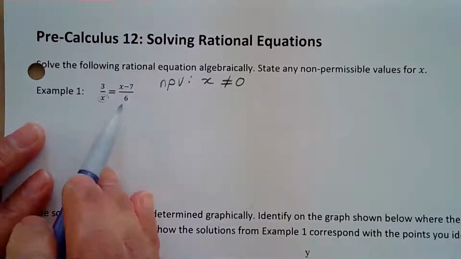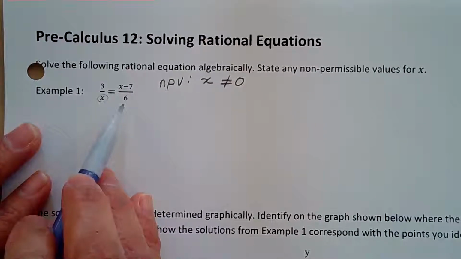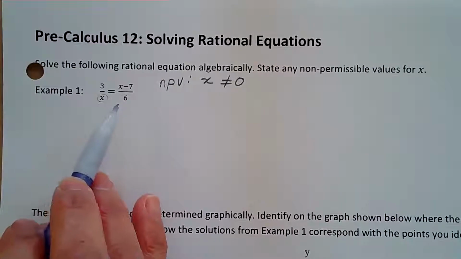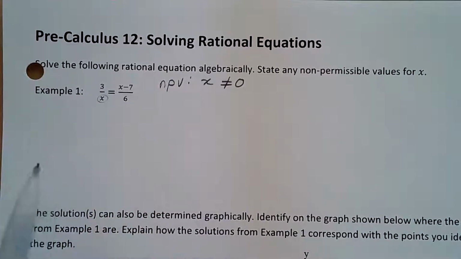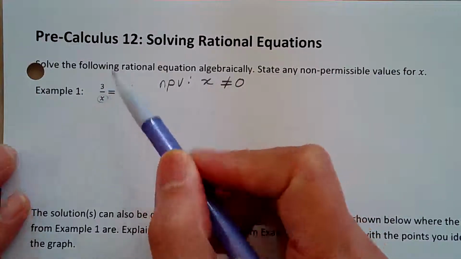What about this one? Any non-permissible value here? Nothing, right? Because the denominator will always be 6. It will never be 0. Here's the thing, because I know some of you were probably thinking I'm going to cross multiply this.